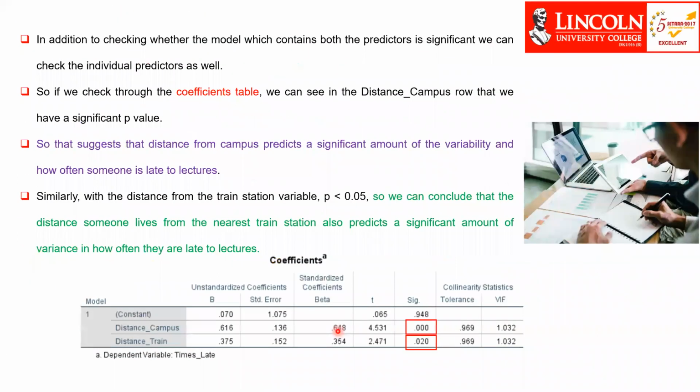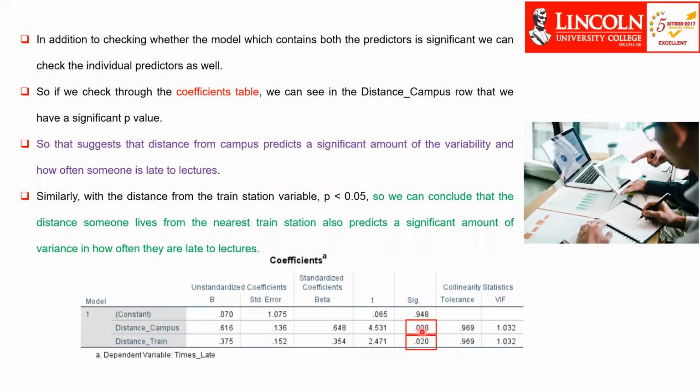In addition to checking whether the model, which contains both predictors, is significant, we can check the individual predictors as well. If we check through the coefficient table, we can see that the distance from campus variable row has a significant p value.